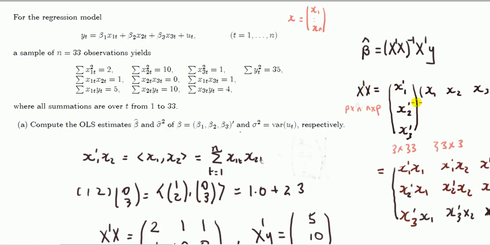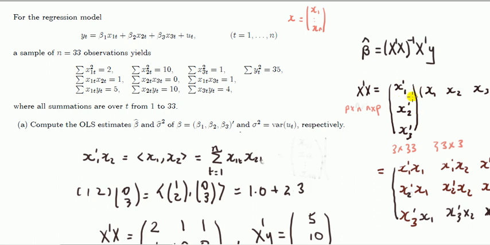So X transpose X looks like this. X subscript 1 is a column vector. If I transpose it, it becomes a row vector. So this is 1 by n, so it's 1 by 33, 1 by 33, 1 by 33. This whole thing is a matrix 3 by 33. This is column, column, column, 33 by 3.